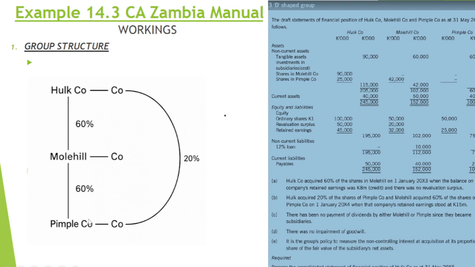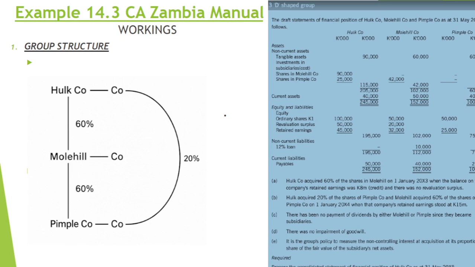So here, as you can see, Hook also went on and acquired some shares directly in Pimpo company. Let's look at this example. It will help us to understand the whole concept of the D-shape group structure of consolidation.